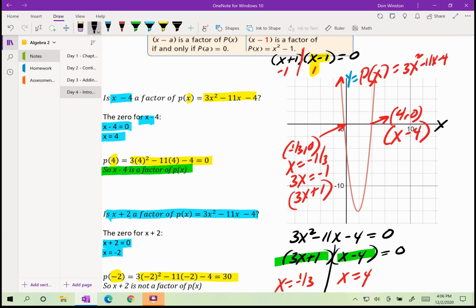That's where y is equal to 0. Okay, and that's all the theorem says. Take the potential factor, find a 0. Plug that 0 into the polynomial equation to see if you get 0. If you get 0, that means that that potential factor is a factor of the polynomial. If you don't, then it's not. Okay.